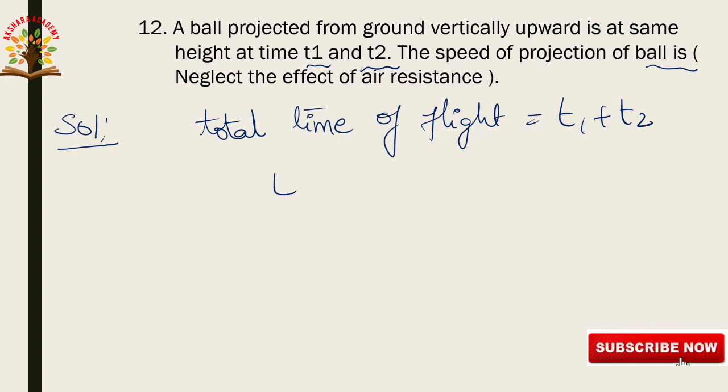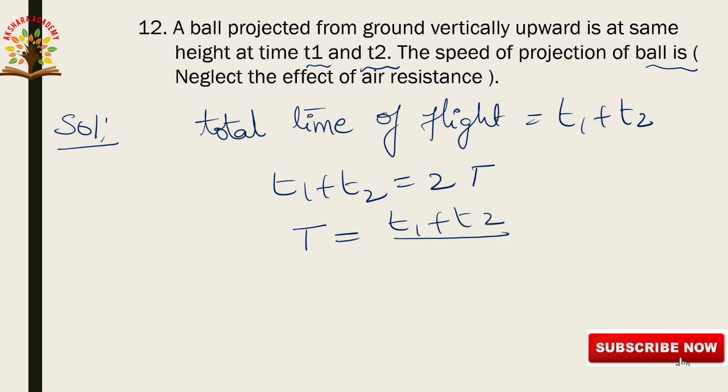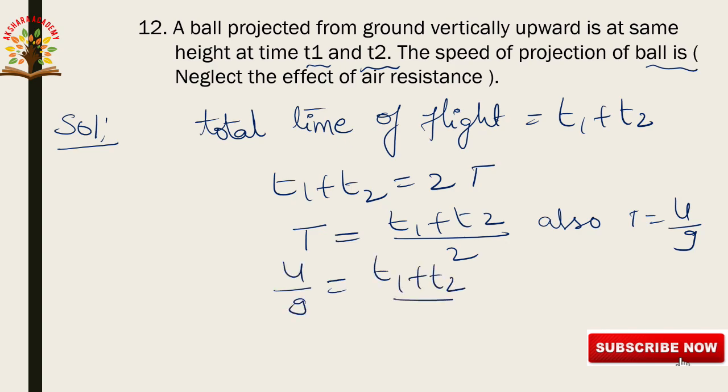So t1 plus t2 is equal to 2t. From this equation we write t is equal to t1 plus t2 by 2, and also t is equal to u by g. So u by g is equal to t1 plus t2 by 2.